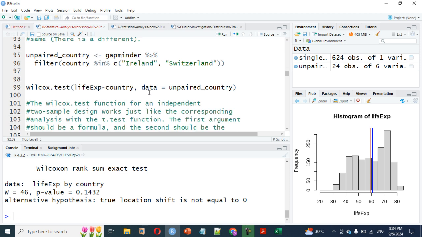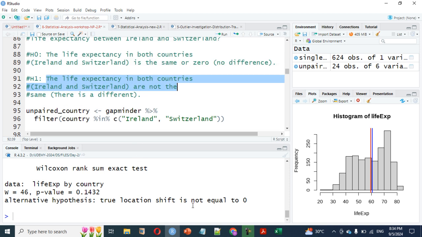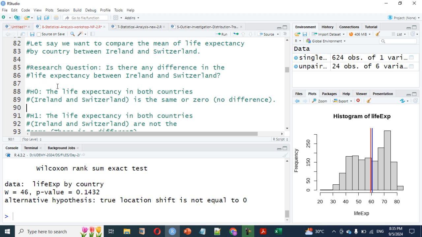Which means we do not reject the null hypothesis. We do not reject this, because the life expectancy in both countries is the same, because it's not significant, right?